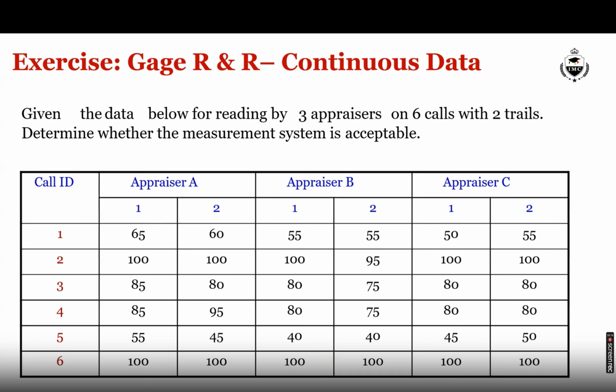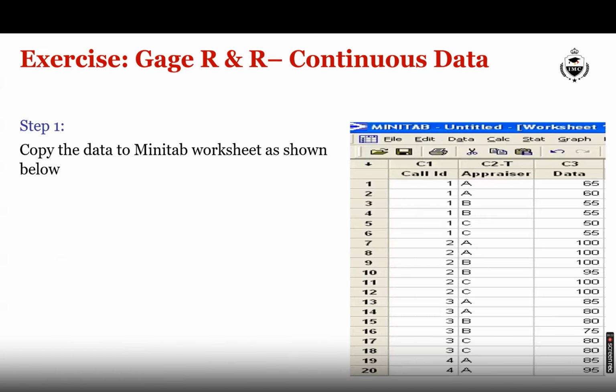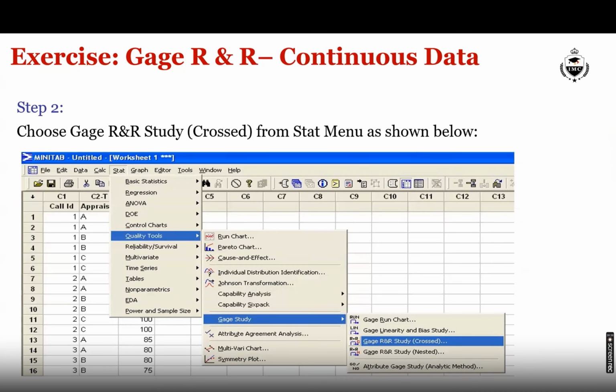That same measurement system analysis we are actually working out. We have input the data: call ID, appraiser, and the data we collect from the Excel sheet on which we do the exercises. We put it in Minitab. Then we select the Stat menu, Quality Tools, Gage Study, and Gage R&R Study Crossed.